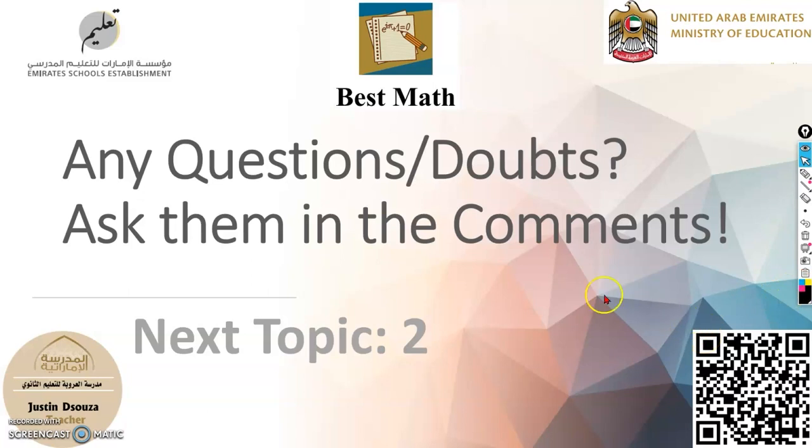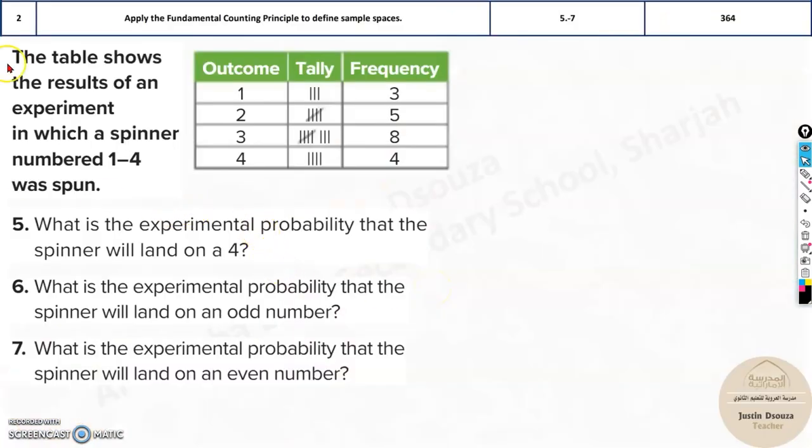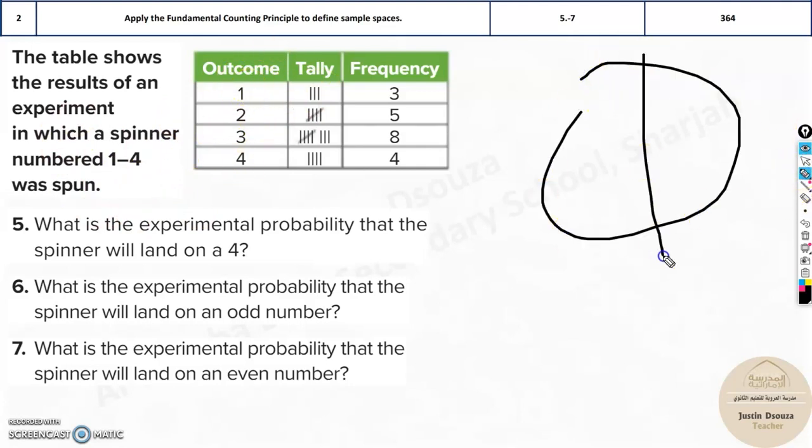The next topic is the second topic, which is again similar to what we just now saw in topic number 1. Here they have told the table shows the result of an experiment in which a spinner numbered 1 to 4 was spun. That means you're spinning this. Imagine this is a spinner. It has 1, 2, 3, 4 on it.